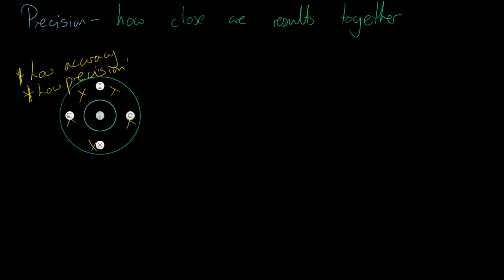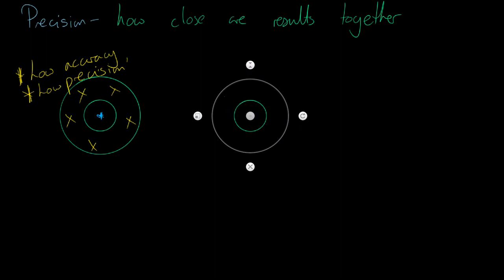To give you another little example, let's try a different combination. Again, imagine you're playing darts, and you fire off all your arrows, and your arrows or darts are all hitting over there. You would say that has low accuracy because it's not going in the center, but high precision.